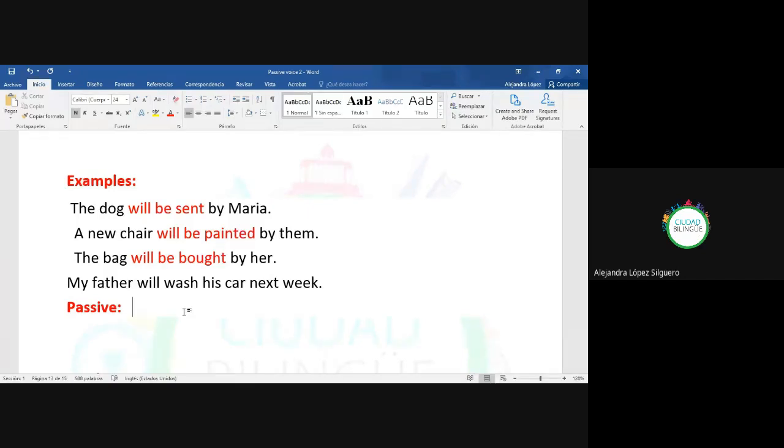Okay, the car will, okay, yeah, the car will be, remember, the verb auxiliary will be, siempre tenemos que colocar will be, ¿sí? El will be, listo, sea cual sea el objeto. The car will be washed, very good, by my father next week. That's the answer. El carro será lavado por mi padre la próxima semana.